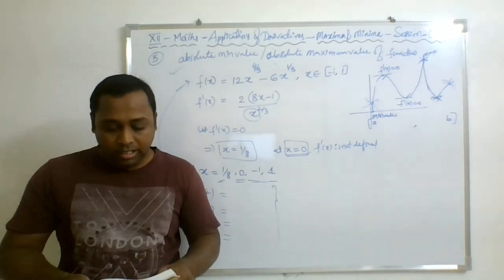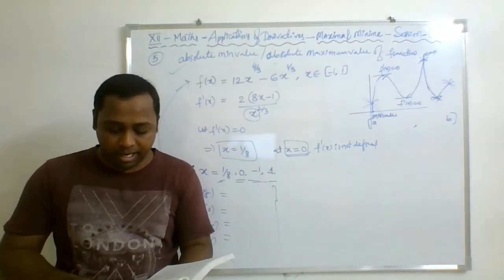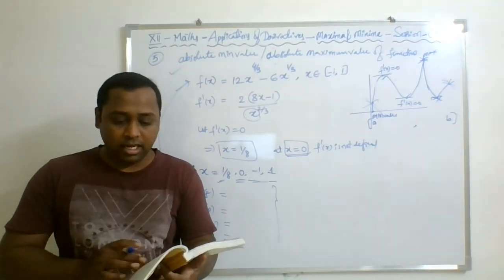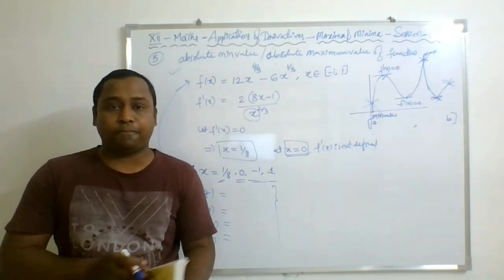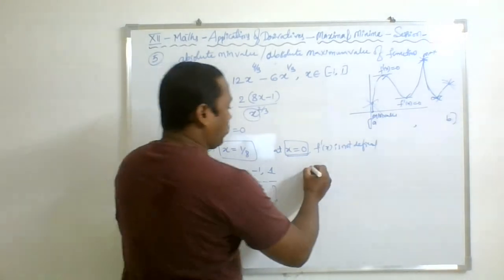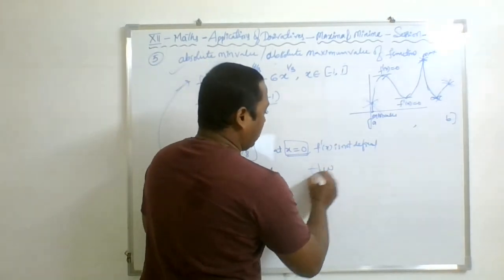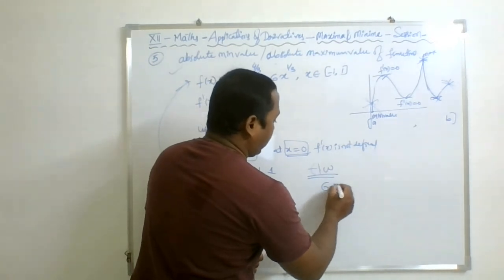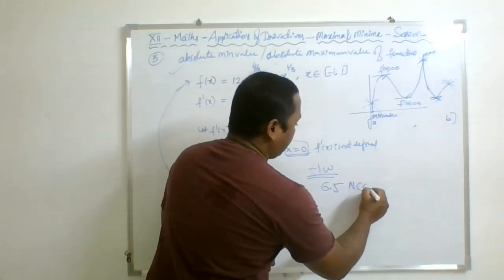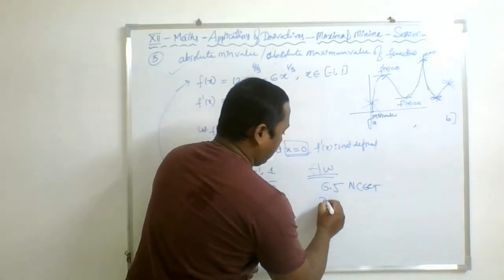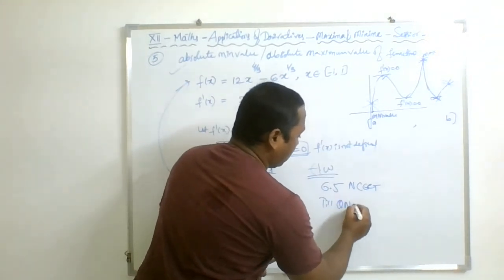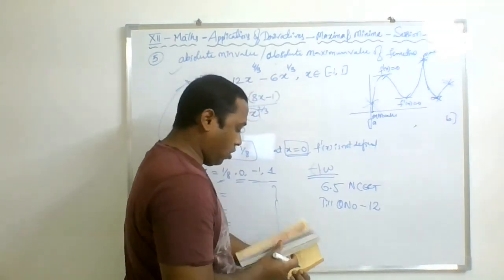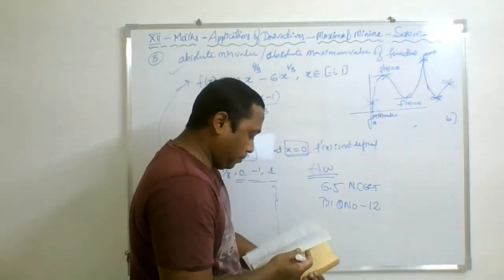By using today's session, you will be able to complete exercise 6.5 till question number 12. Take this as homework: do the last exercise 6.5 from NCERT till question number 12.